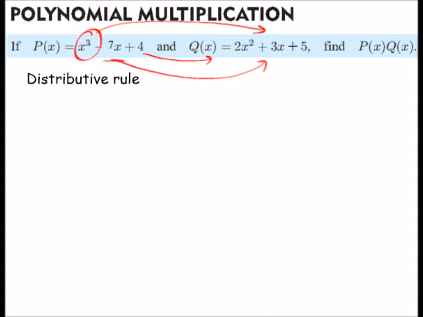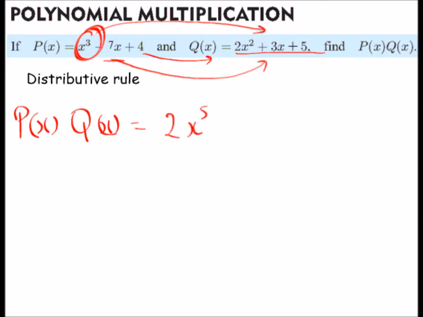So in this case, p of x times q of x, we have our x cubed times that polynomial, and you would get 2x power 5, 3x power 4, and 5x cubed.